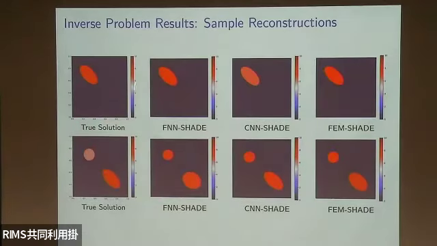For the elliptical inclusion, the geometry is quite good actually. So meaning, if you're going to use this for detecting tumor location, you can see that the shape and location are quite good, except for the conductivity value, which is not completely the same, but quite similar.